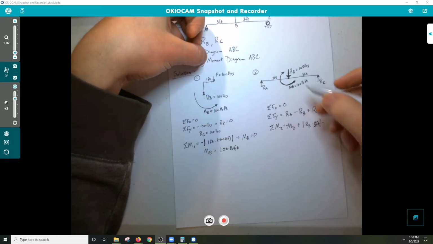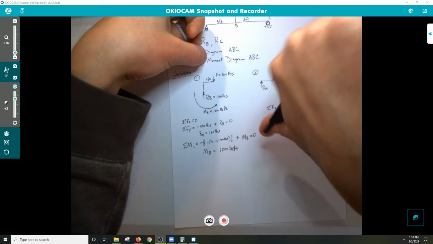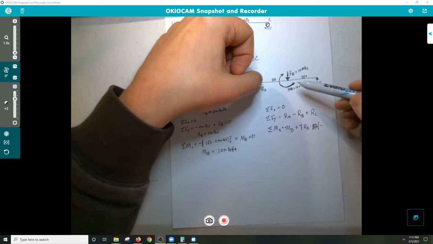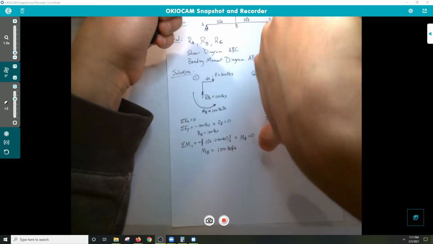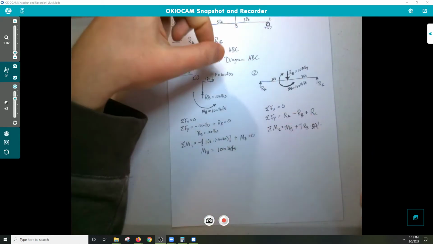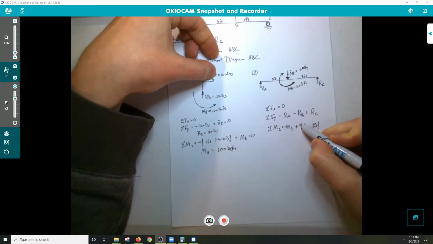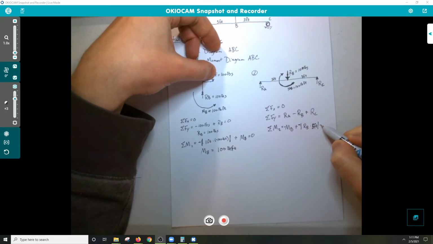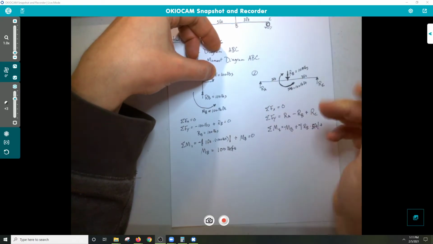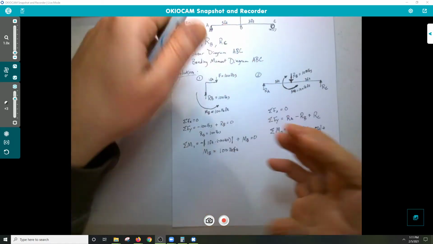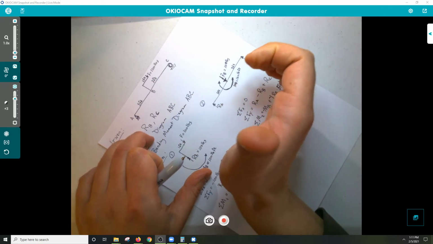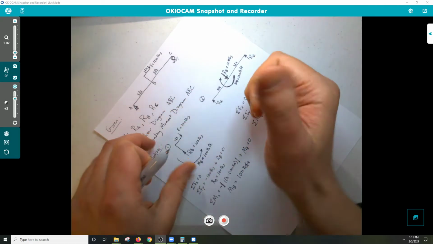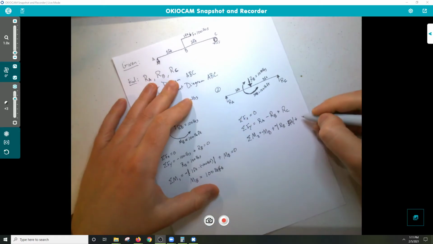Actually, that should have been negative, right? The right hand rule causes a negative moment here from the reaction at B, which makes you want to pivot with thumbs into the page. So that was supposed to also be negative, and then plus this one is positive. So we have RC times 8 feet. I point my fingers in the direction of the force, with my thumb pointed up along the axis of pivot, so we end up getting a positive moment.